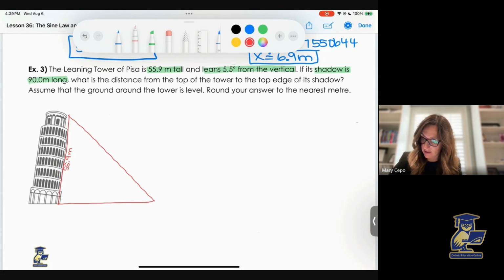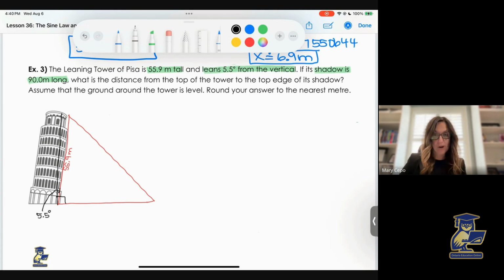Now it does say that it leans 5.5 degrees from the vertical. So what that means, if I was to draw this, this would equal 90 degrees, right? So that means this angle in here has to be 5.5 degrees.